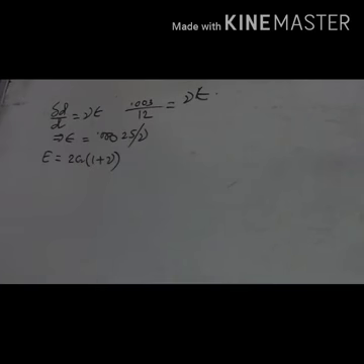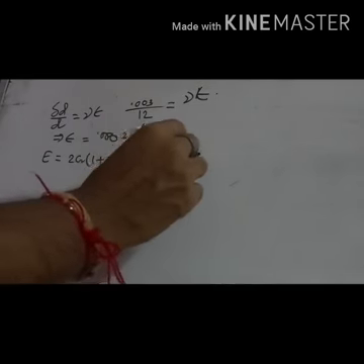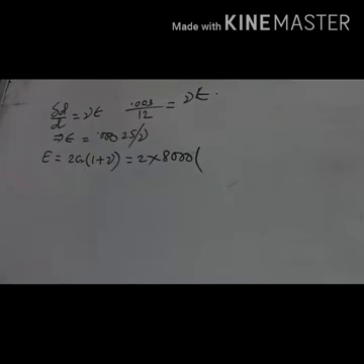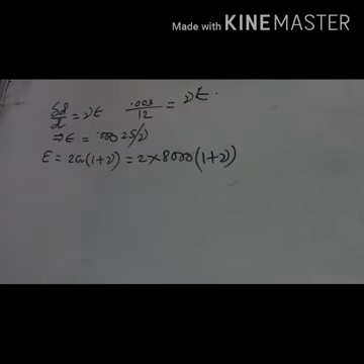So capital E is equal to 2G(1 plus nu), so 2 into 80,000 (1 plus nu). Okay, E is equal to sigma by epsilon, stress by strain.